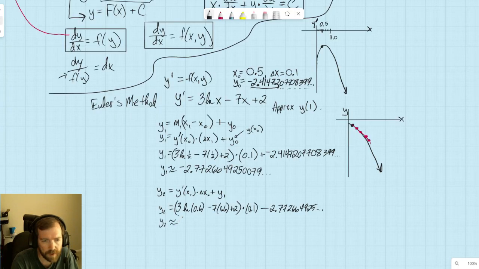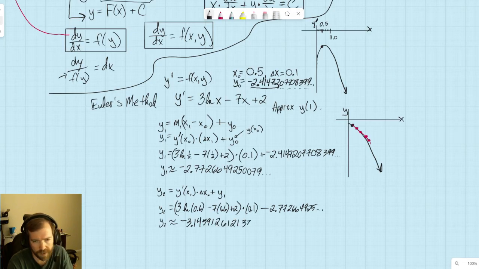So y2 is going to be approximated by this nasty thing, which again, all we have to do is take this value, add to it y1 of 0.6 multiplied by 0.1. Okay, now this has a negative 3.1459126121377.